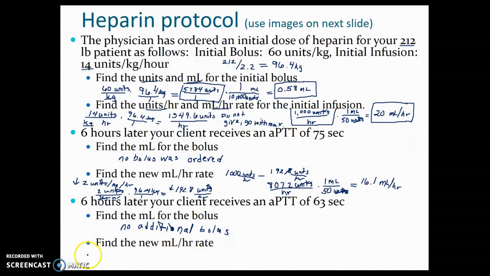And then it asks us to find the new mL per hour rate, and we're going to have our IV continue at the 16.1 because it said there would be no change. So continue at 16.1 mLs per hour. And so we completed our entire problem.